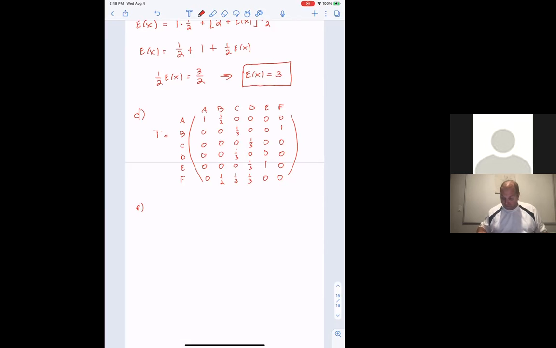So this is matrix A. So matrix A to the 100th power gives me a steady state vector of 1, 0, 0, 0, 0, 0.